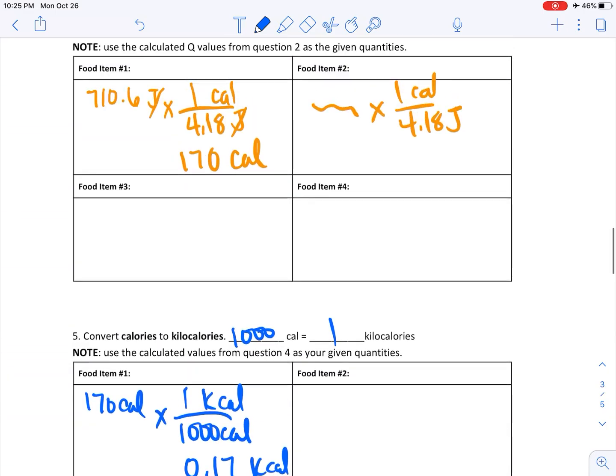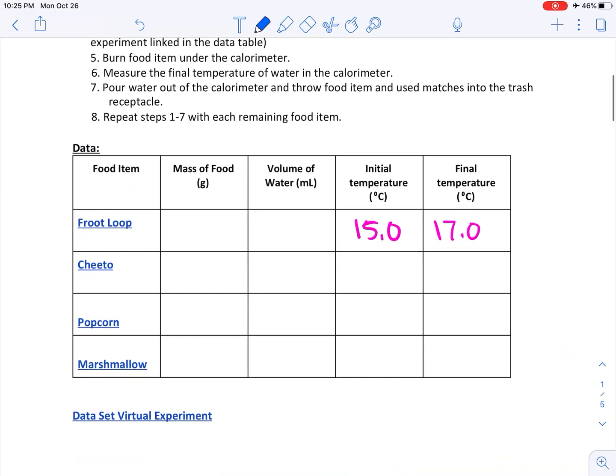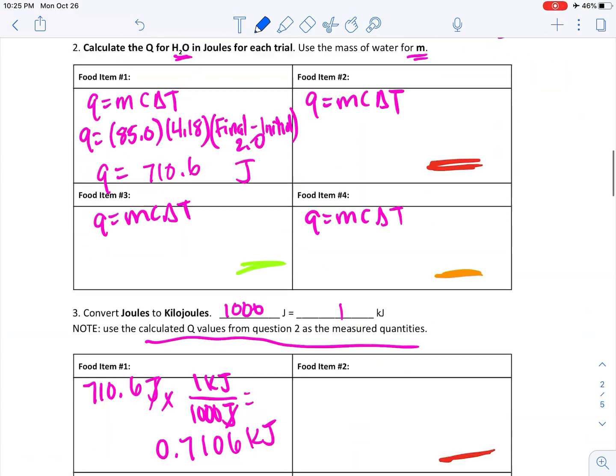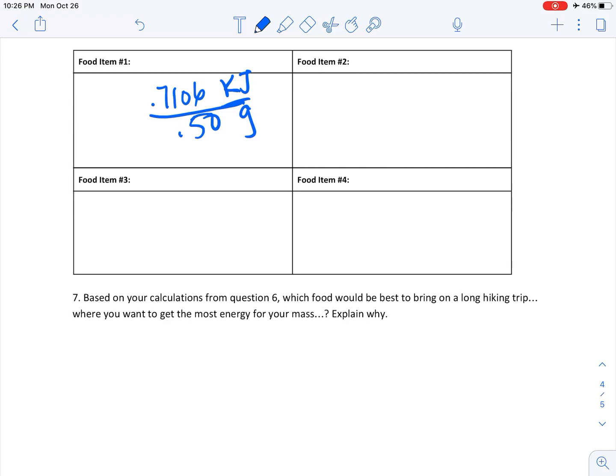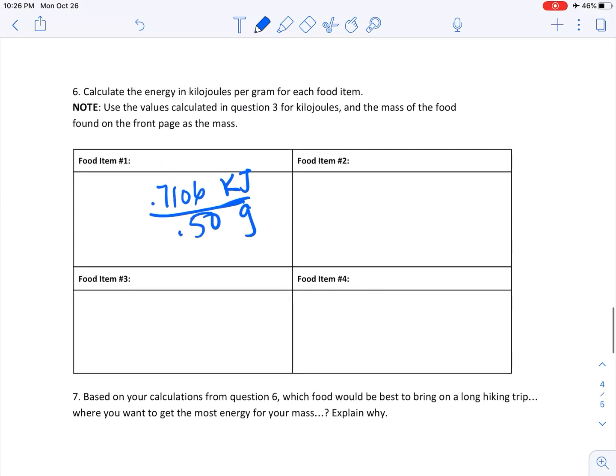And then I'd go back to the first page and I'd find my mass of food, which I'm just going to pretend is 0.50 grams. It wasn't, but I'm just putting that in there. So 0.50 grams goes here. And all you do is you just divide them. Energy is kilojoules per gram divided.